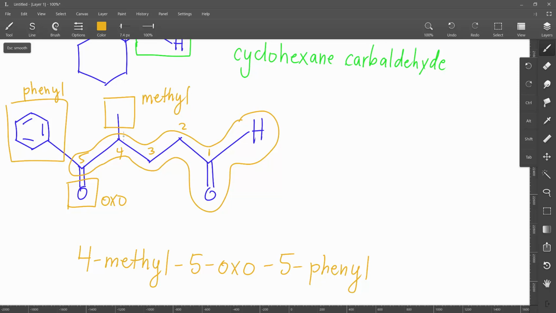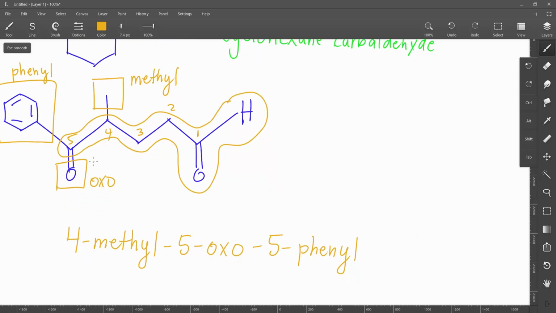And I have 1, 2, 3, 4, 5 carbons, and that is a pentane, a pentanal. So we have 4-methyl, 5-oxo, 5-phenylpentanal.